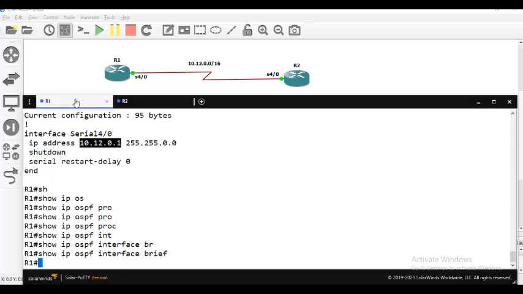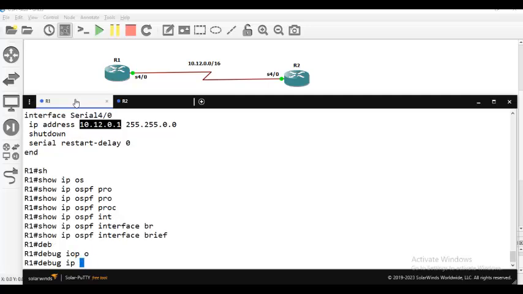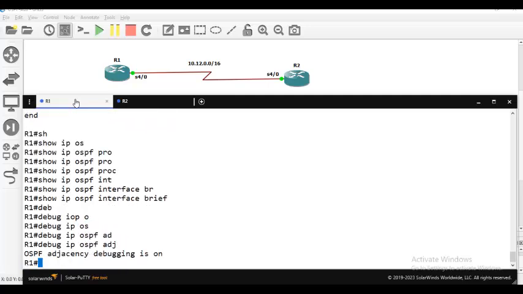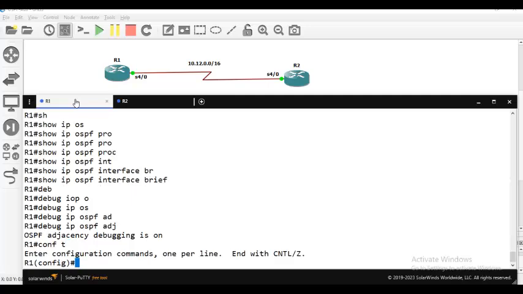Debug IP OSPF. Interface loopback 0. IP OSPF 1 area 0.